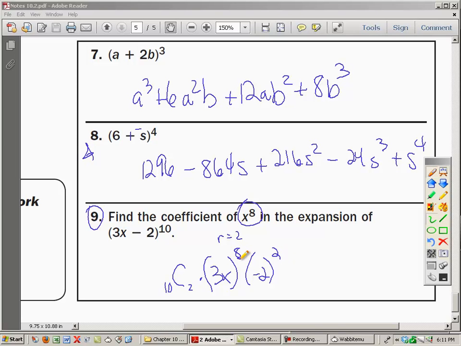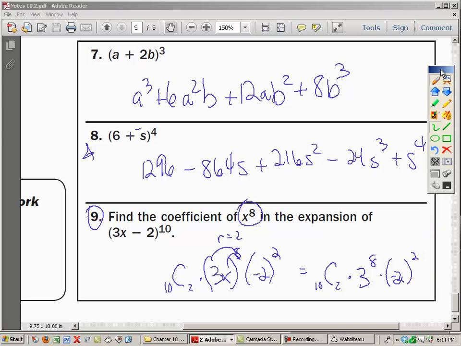Notice the sum of these two is 10, which is what I want. So this becomes 10 choose 2, and this is 3 to the 8th, x to the 8th. So it is 10 choose 2 times 3 to the 8th times negative 2 squared. And then I'm just going to put the x to the 8th on the end. All right? So we need to get this calculation.